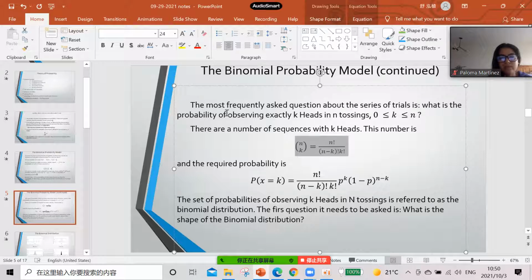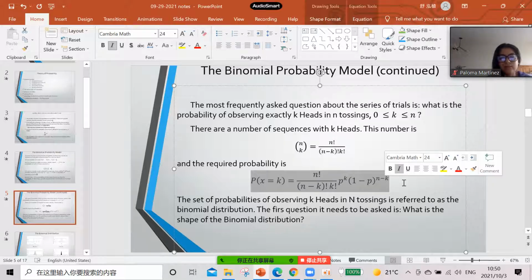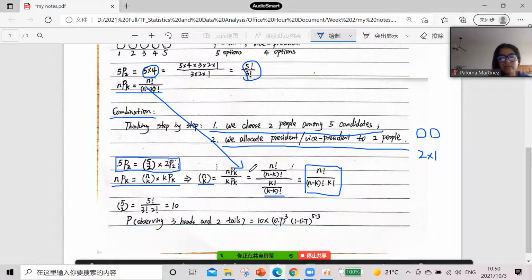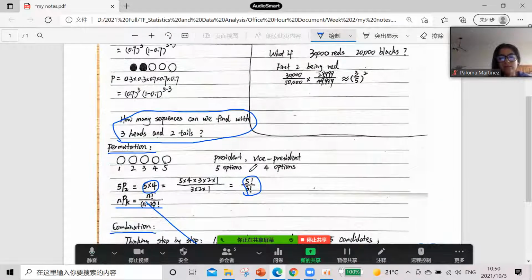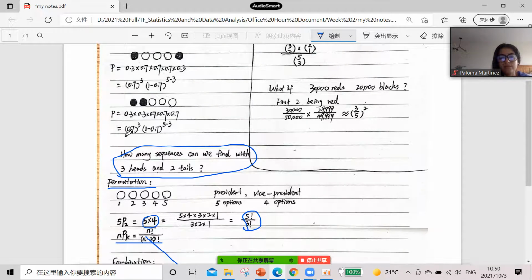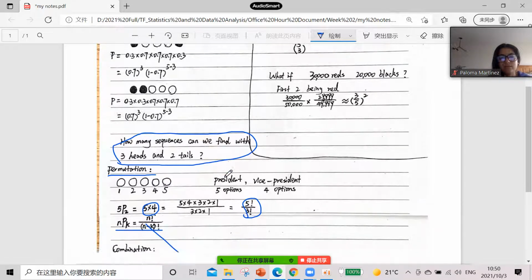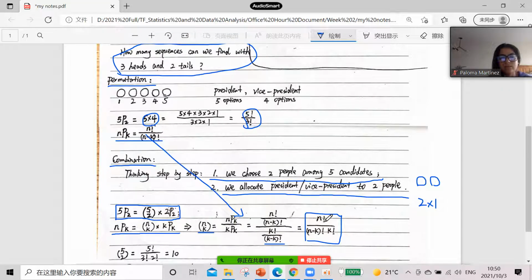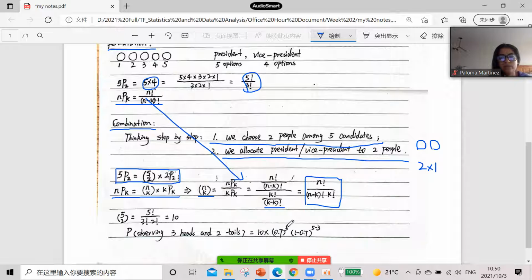What is the probability of observing exactly k heads in n tossings? How do they find this formula? It's pretty easy. First, if I have a specific sequence, the probability is this one. And then I have already calculated how many specific sequences I can find, right? So I just multiply them together.